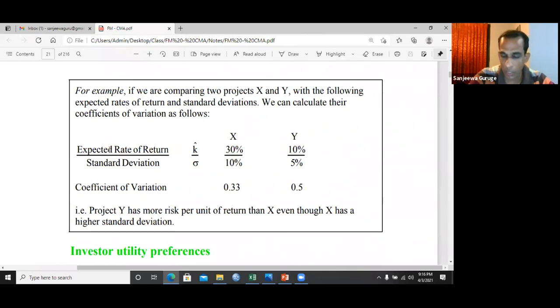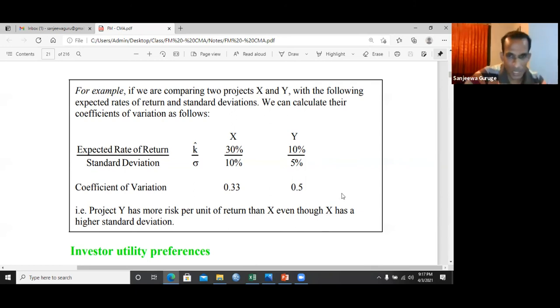It is not expected return divided by standard deviation. The answer is correct, but here the formula they have given in the wrong way. If you divide 30% by 10%, you should get the answer here.